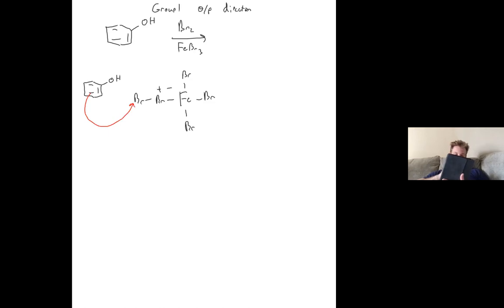So we're going to come in and attack this bromine. Break our aromaticity. We made another Lewis base, which is FeBr4.